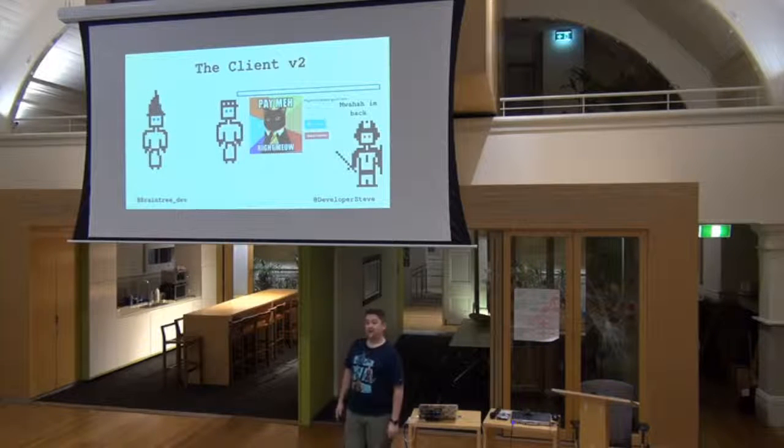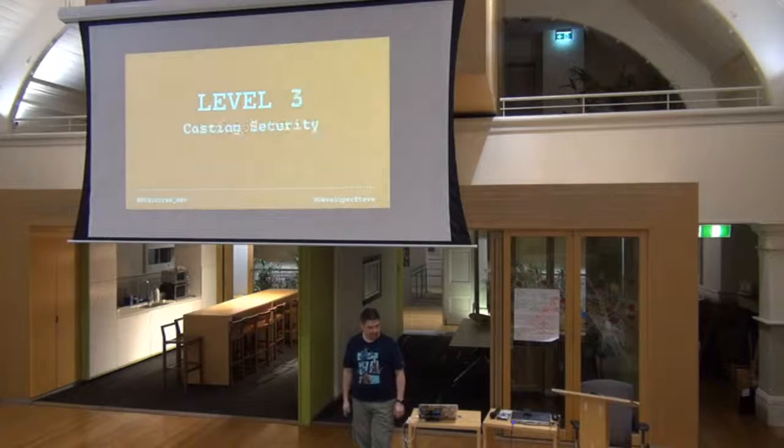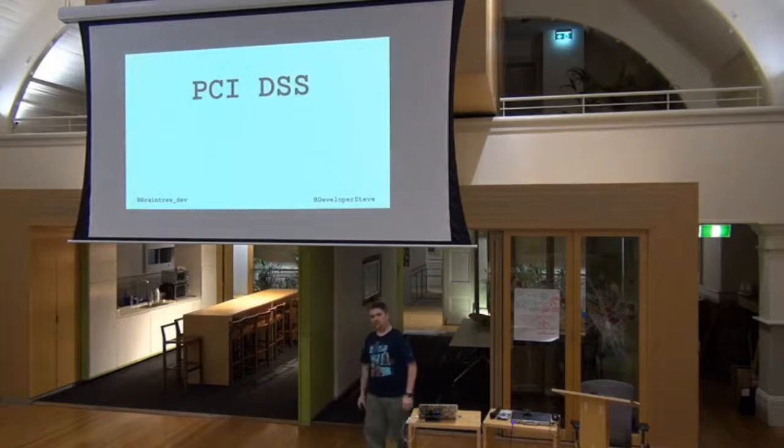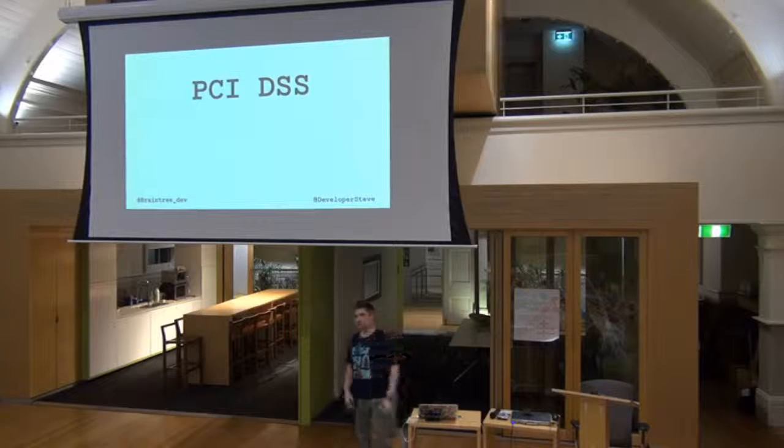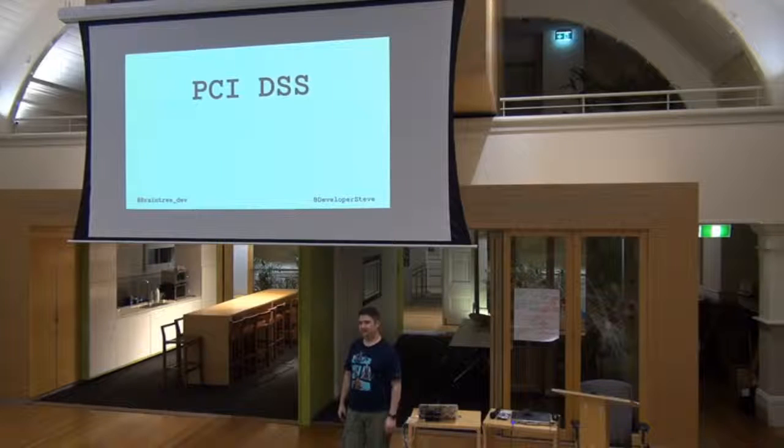So the last thing we've got to take care of, of course, is that nasty little PCI daemon, which will go through casting security. So PCI DSS, a wonderfully long, super huge read. I started reading it in February and it's a long read. Has anyone looked at the PCI DSS specifications? Yeah.